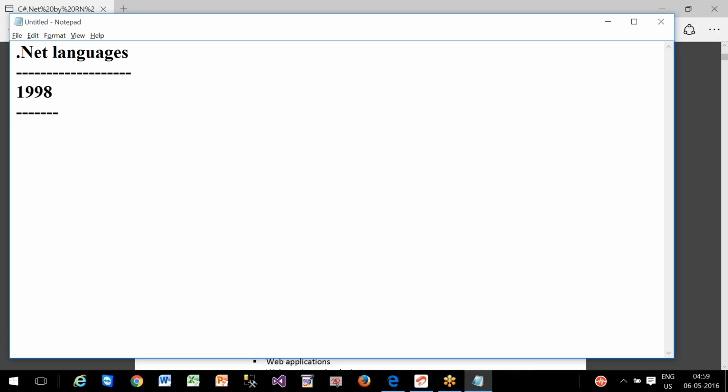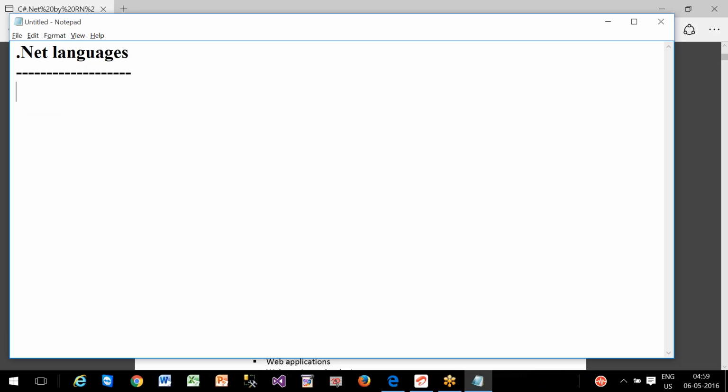Behind this idea, the only reason was to attract more people. Because of this, migrations would be more and everybody would survive under the .NET roof. That is their plan. That's why they gave support for multiple programming languages.